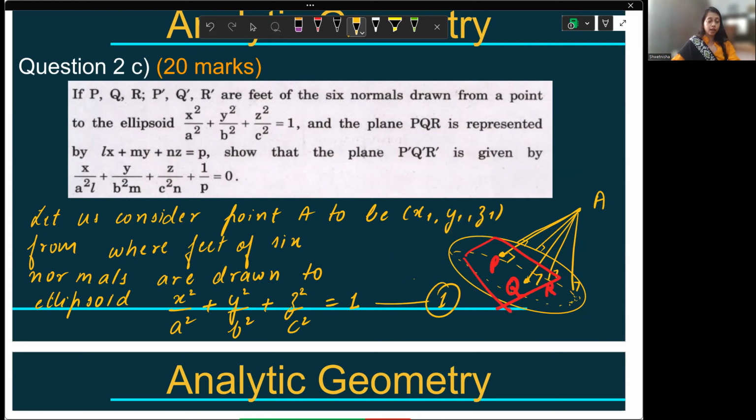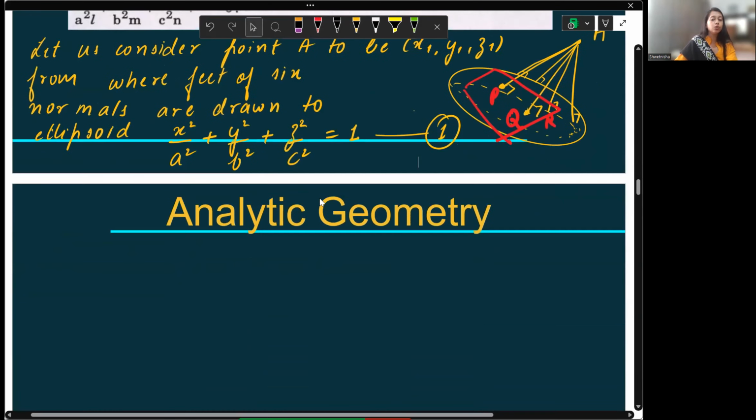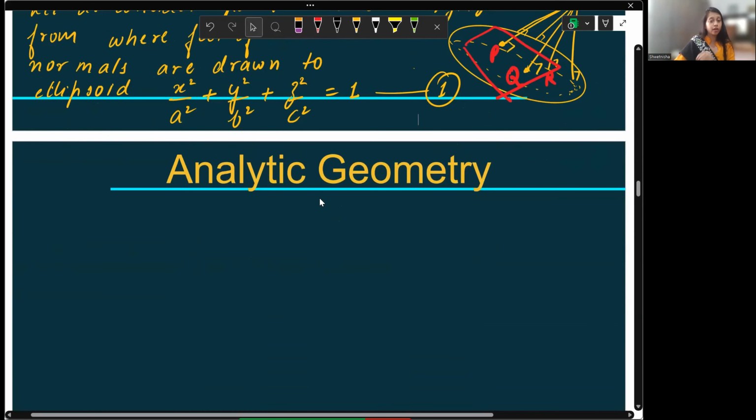After that, the coordinates of the feet of the normals, PQR, are denoted by alpha, beta, gamma, and they are given by this formula. All these things you learn in conicoids. In my class as well, I have done these kinds of questions multiple times.